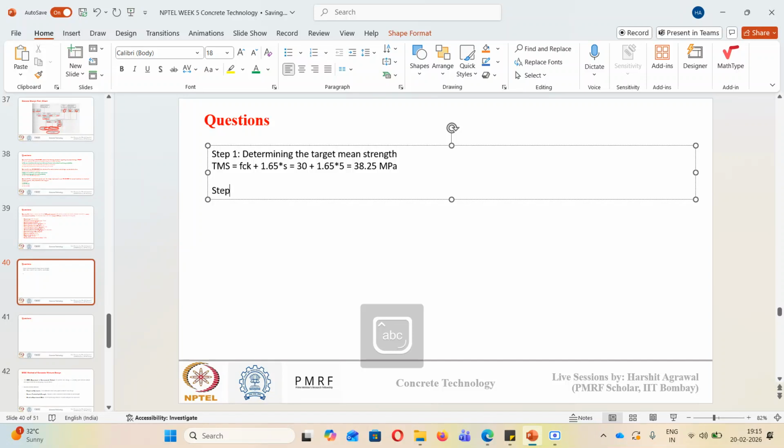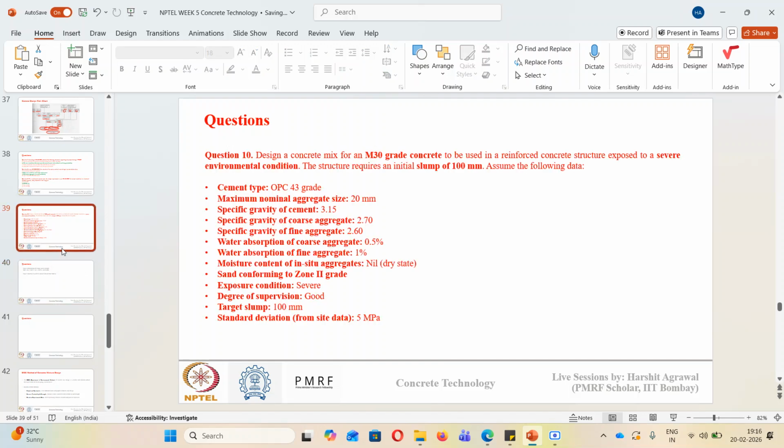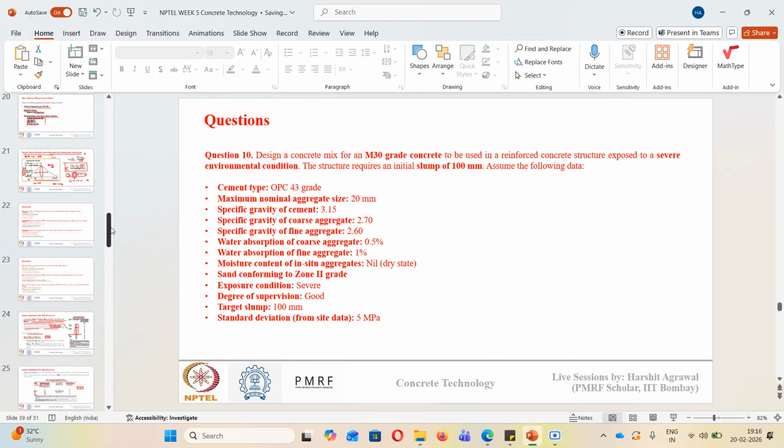Now step 2 is selection of water to cement ratio. For this, we can either go with experience or use the durability limits. Suppose I am using IS 456 table 5, the durability limit table. I have been given that my structure is in severe exposure condition.